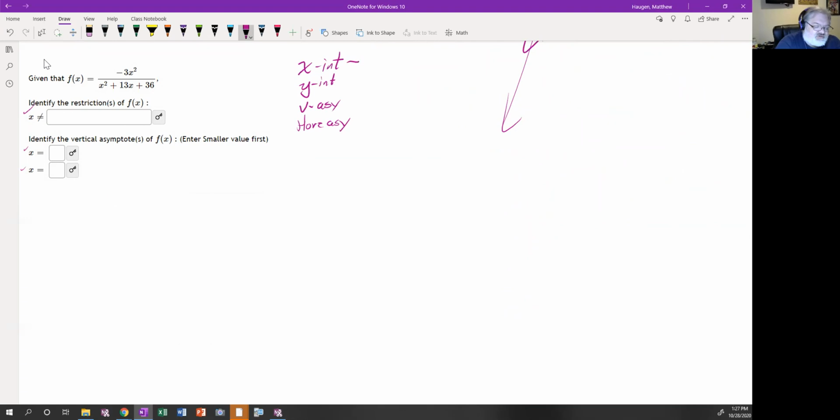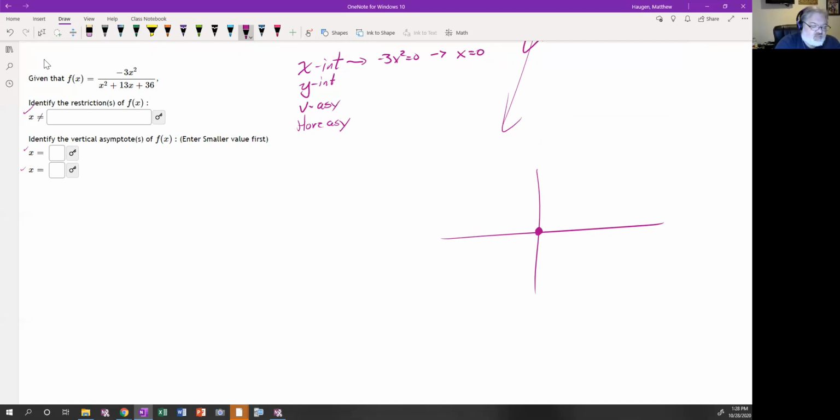So x-intercepts, we let the numerator equal 0. There's not much to do there. You know, divide by the 3 and square root, but that happens when x is equal to 0. So we're going to have a nice x-intercept at x equals 0, as long as 0 isn't also a 0 of the denominator. But if we real quick plug in x equals 0, we find that it's 36. So that is going to be a true x-intercept.